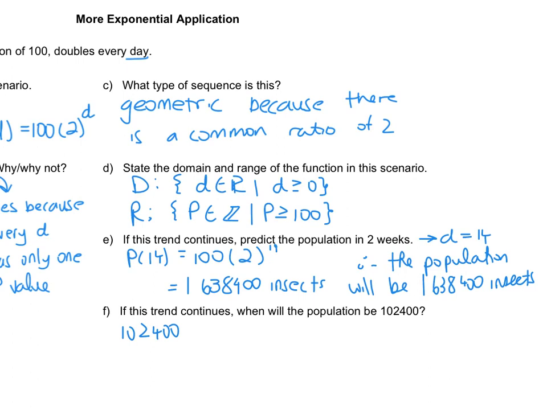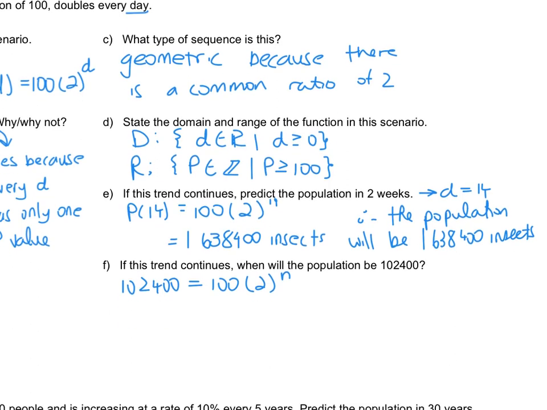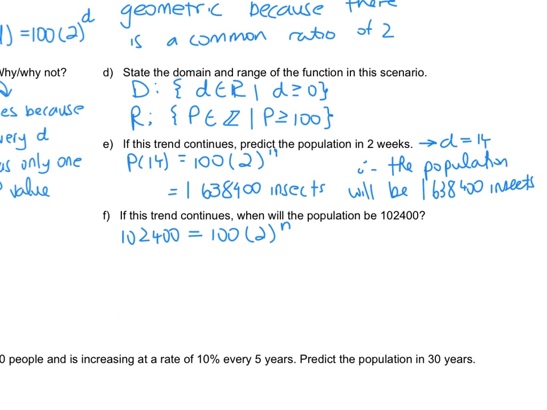Okay, if this trend continues, when will the population be 102,400? So we're going to set our population equal to this value, and then we are just going to solve this exponential equation. When we divide both sides by 100, we're going to get 1,024. And this, we can actually get a common base of 2 in this scenario. We don't have to do that little log shortcut.